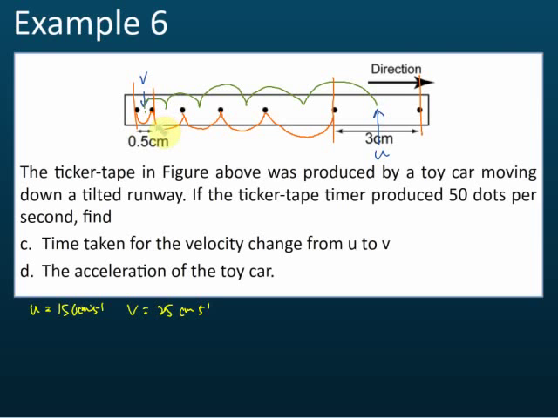So you can say we use a formula for finding acceleration. Yes, that's correct. We use the same formula, A equals V minus U over T. So you see that is how we count the number of ticks. For me, I will tell you to identify the U and V first, and then find the number of ticks.